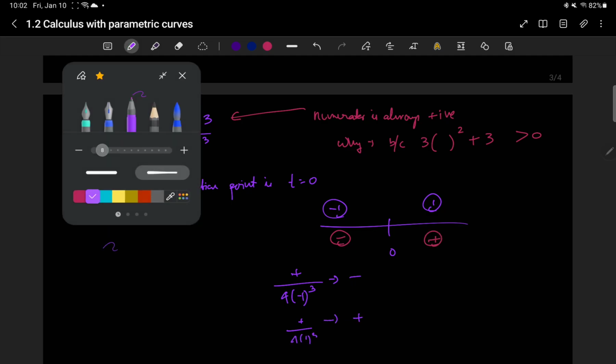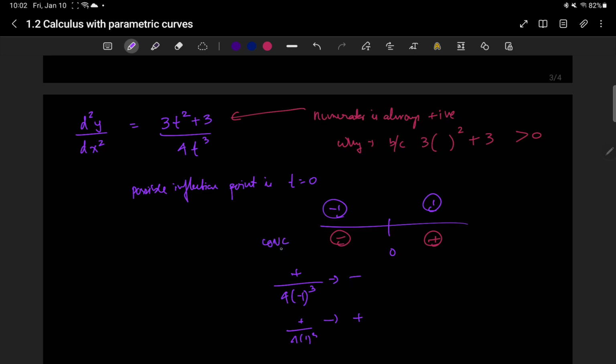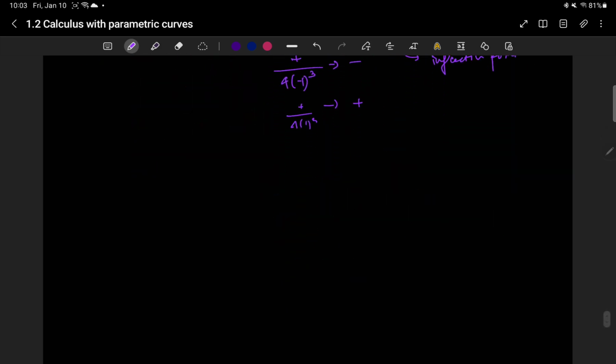So what I have here is a concave down and a concave up situation, and there is an inflection point here. So what's happening at this 0 point is there is an infinite tangent and there is an inflection point. So let's see what the curve might be doing.